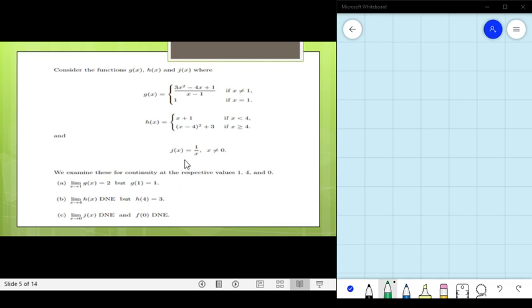Then j of x is equal to 1 over x when x is not equal to 0.